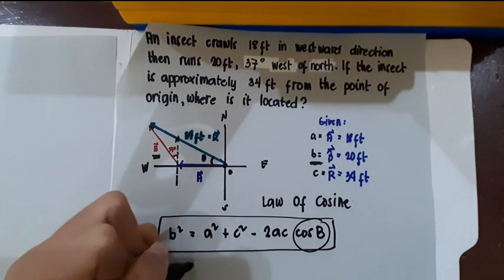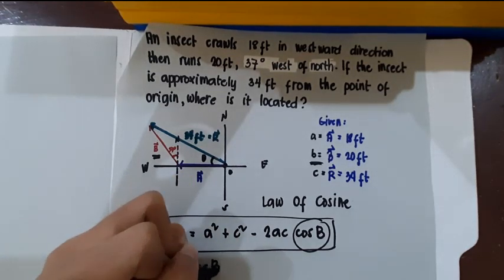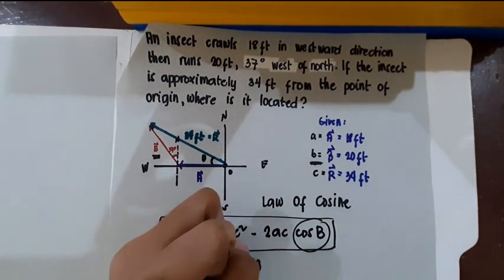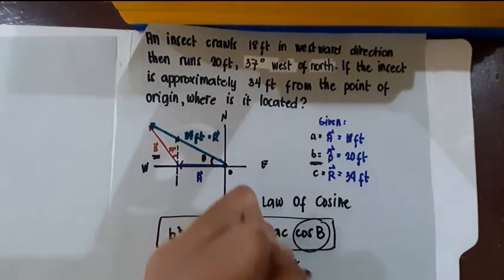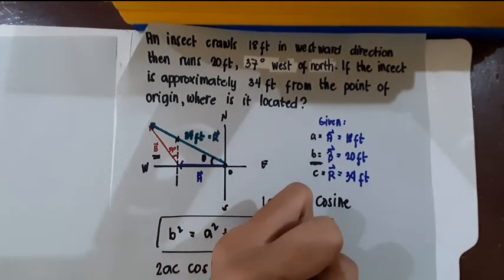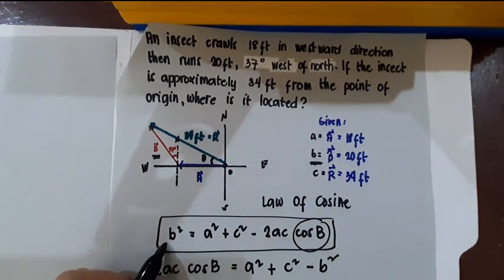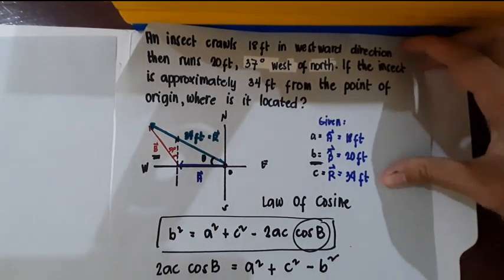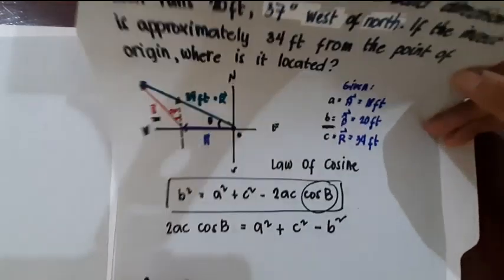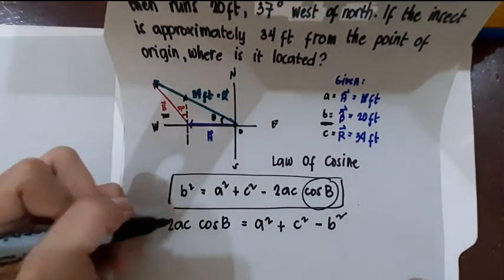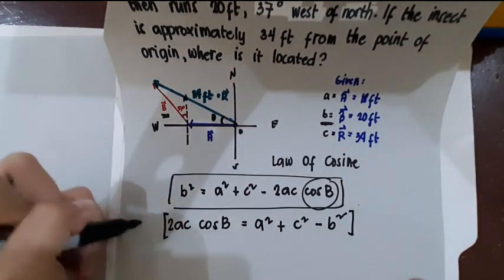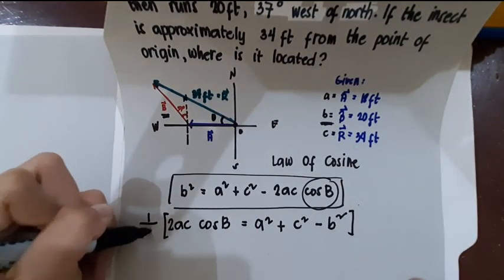That's 2AC cosine B is equal to A squared plus C squared minus B squared. Since this is positive, when I move it to the right side it becomes negative. So that is now our formula. Then I will divide both sides by 2AC so it cancels on this side.